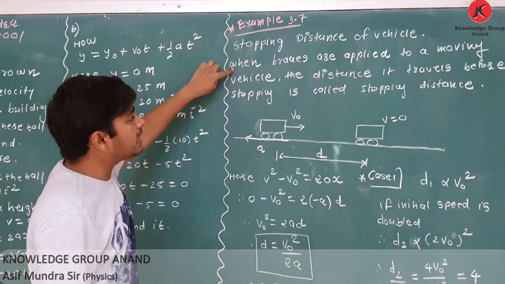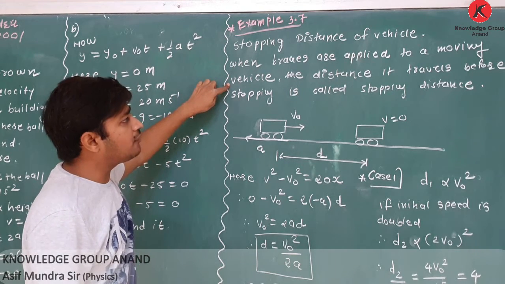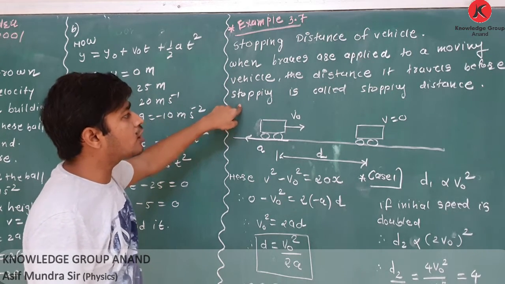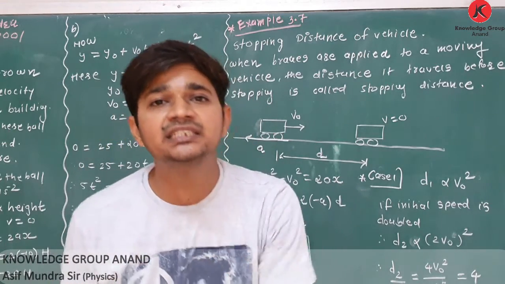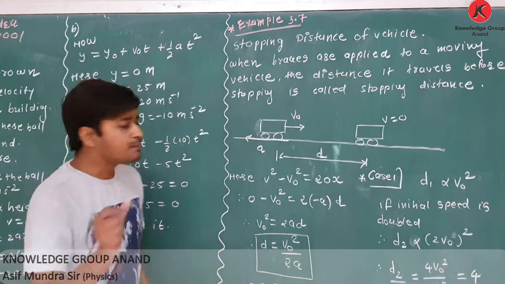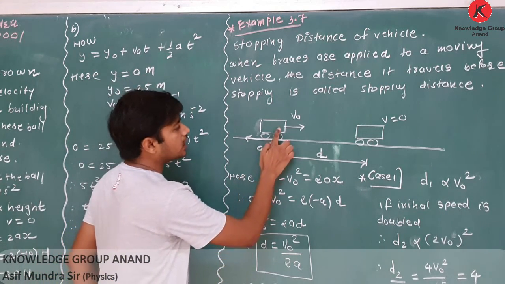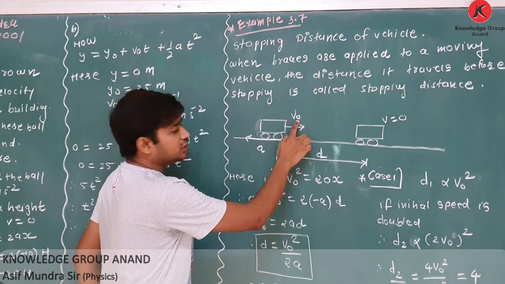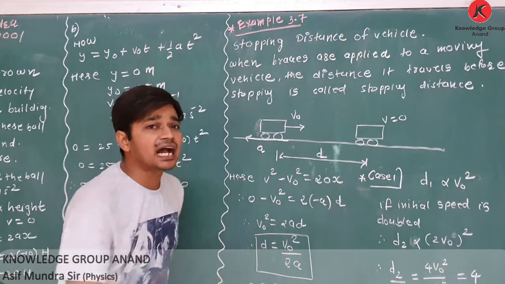When brakes are applied to a moving vehicle, the distance it travels before stopping is called stopping distance. It is also called braking distance. See what the situation is. Here the vehicle is moving with initial velocity v0 in this direction. Brakes are applied.